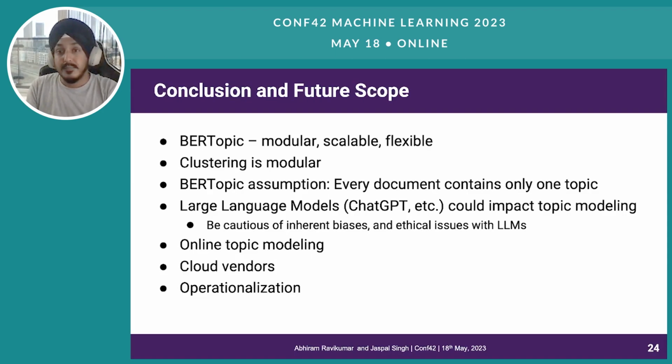Also, ChatGPT might be impacting topic modeling, but it does the job. With ChatGPT there are a bit of biases, ethical issues, and so on. But topic modeling is just topic modeling. You identify the important topic and you get it.